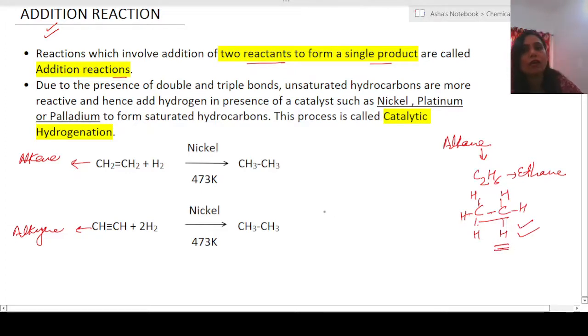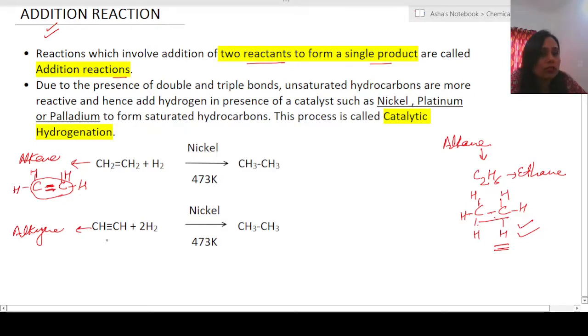But in the case of the unsaturated hydrocarbon, you can see that a double bond is present between carbon and carbon. Here if you see this one, between carbon and carbon there is a double bond and there is one H here. But there is a little bit of tension between the two carbon atoms since they have a double bond between them. They are not as free as compared to an alkane or a saturated hydrocarbon.